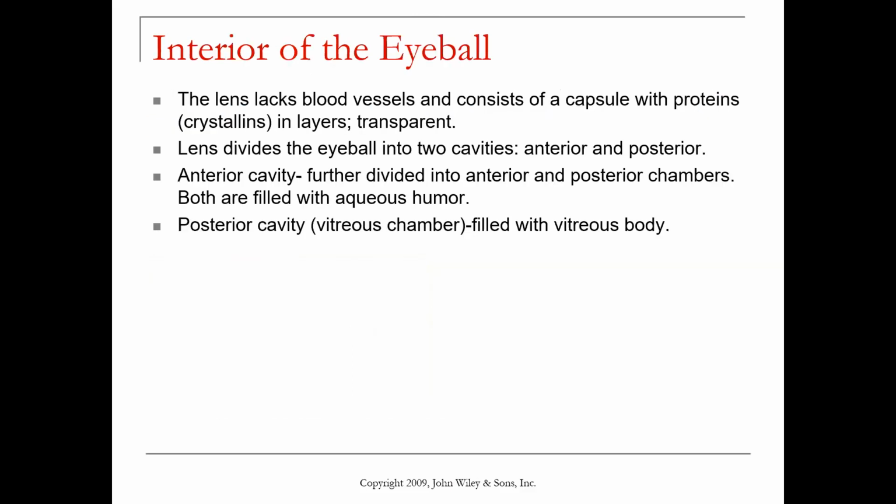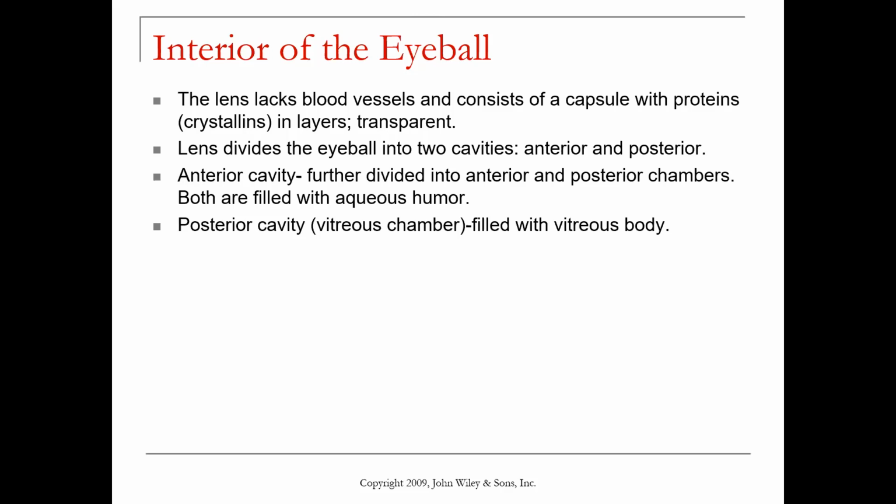So now within the eyeball, we've just looked at the retina and the lens. What is the lens made of? The lens is made of proteins that are transparent. They are crystal clear. We call them crystallins, and it is a transparent structure.